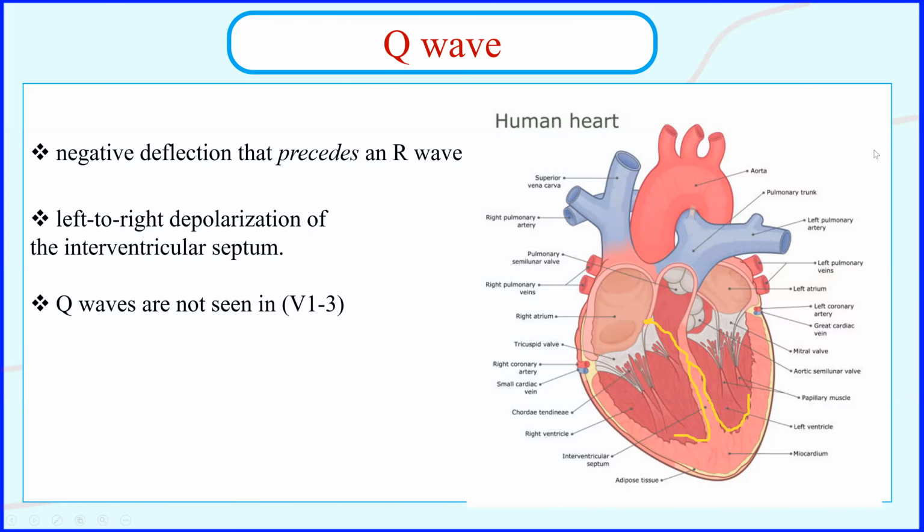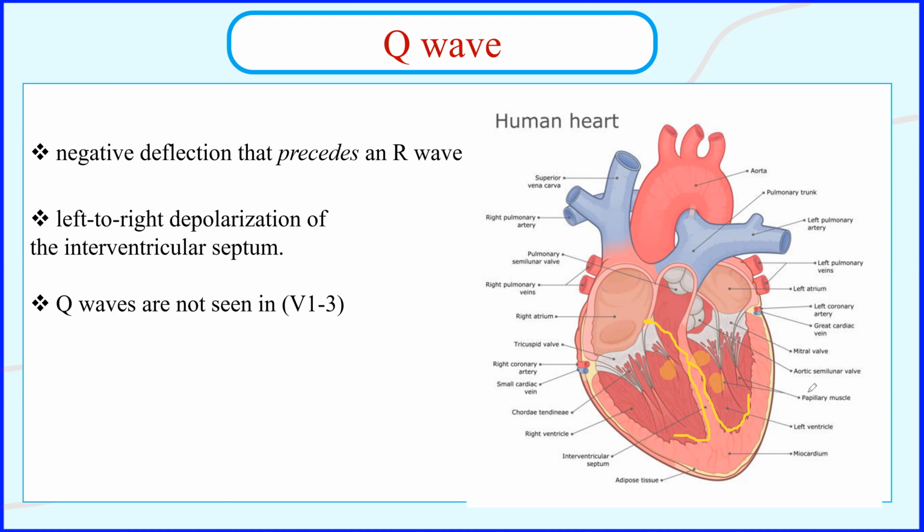Usually the Q wave is a very tiny wave and is seen in most leads. Usually it is absent in V1, V2, and V3. And we can justify this. Why? Because V1 is looking at the heart from here, V2 is looking here, and V3 is looking here. So they are looking directly into the septum itself. They will be unable to detect any movement in electricity.